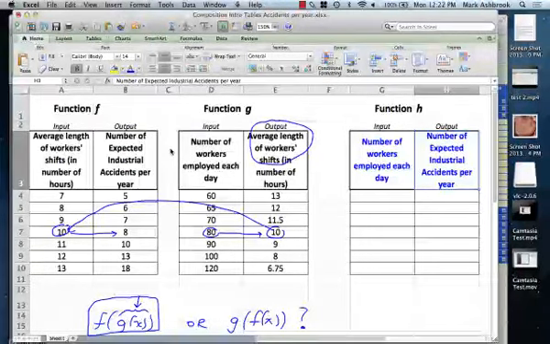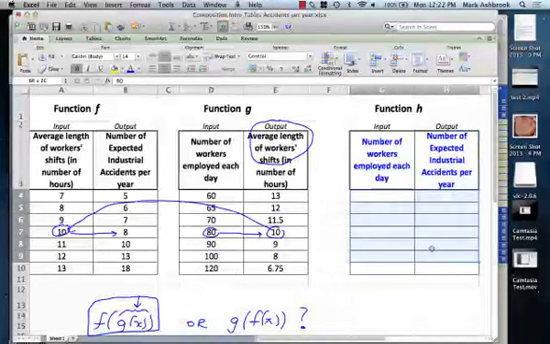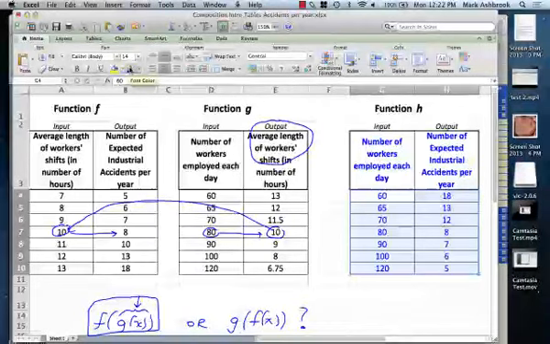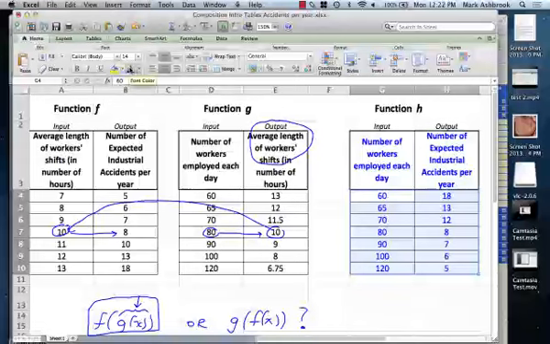Okay, so this would be like a streamlined version of this two-step process. It eliminates the middleman. And you could all build this table, right? You should be able to, from the values in the other two tables. So let's see if it's right. Does 80, how many expected accidents? 8, you see? So this is a new function h that just does it in one step.